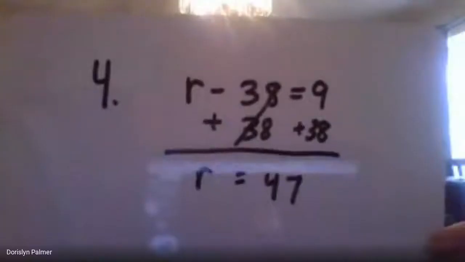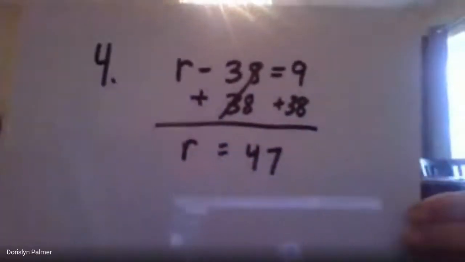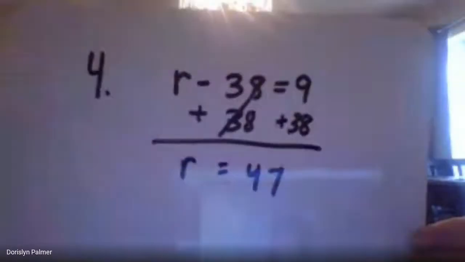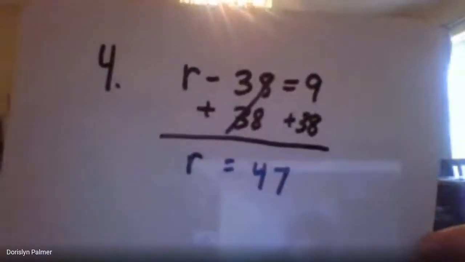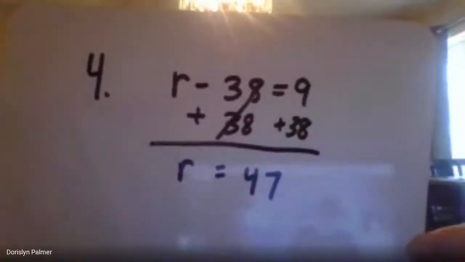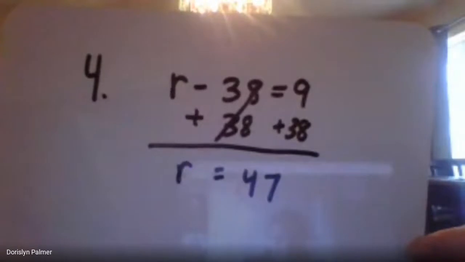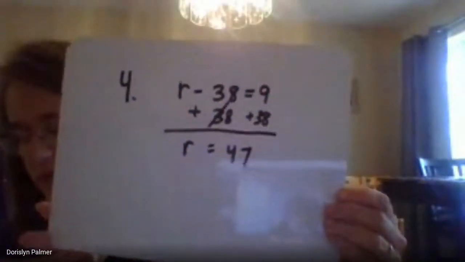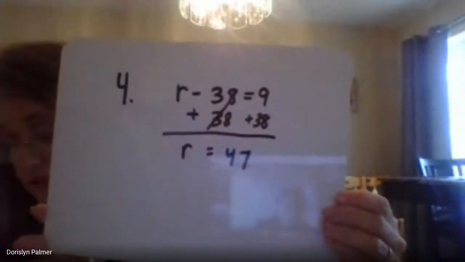Okay, so for number 4, when you see this problem, I would have to see your work and see that you added 38 to both sides of the equation. All right, and then I cross out the 38 on the left side of the equal sign, minus 38 and plus 38, and then I go, woo, as they go away. And I'm left with R equals 47.